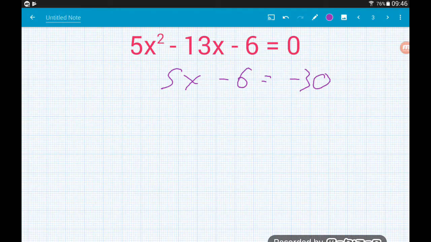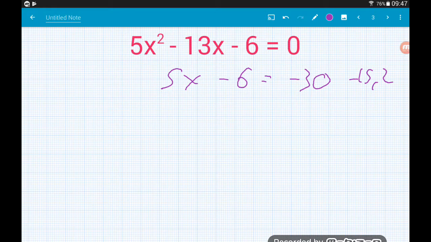Now we need to think of two numbers that multiply together to give us minus 30, but add together to give us minus 13. So those two numbers here are going to be minus 15 and a positive 2. 2 times minus 15 is indeed minus 30. Minus 15 plus 2 brings us back up to minus 13.